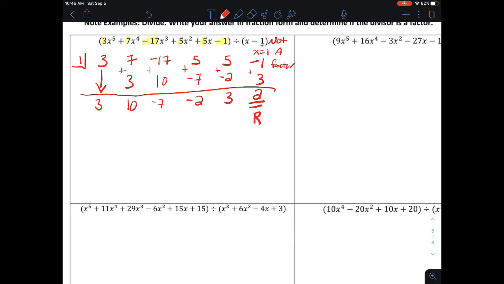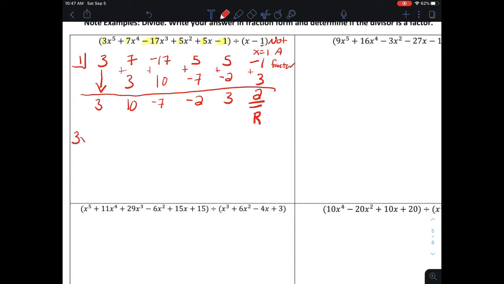Now we can take this division and rewrite this polynomial in fraction form. Through the process of division, this 3 is the coefficient of the first term, and the degree of the first term, since I divided once, is 1 less than the degree we started with. I started with degree 5, so this is degree 4.